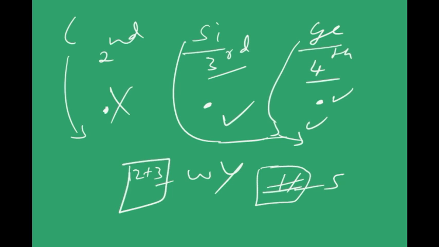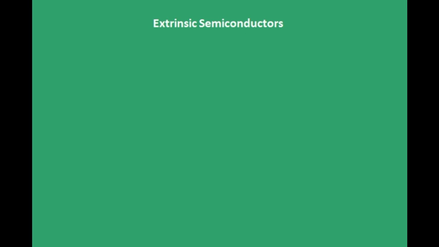So nowadays, we have something called extrinsic semiconductors, and there we do something called doping. Doping is just adding an impurity. Because of that impurity, the number of charge carriers is increased to a very high extent.